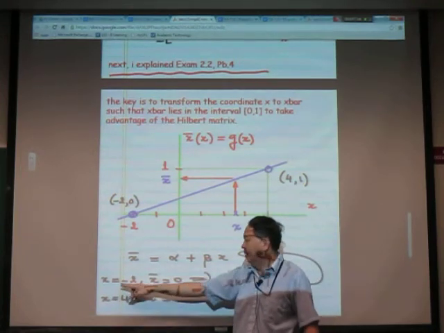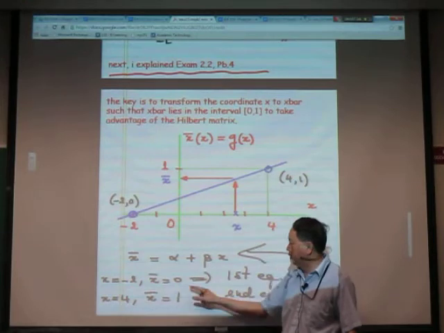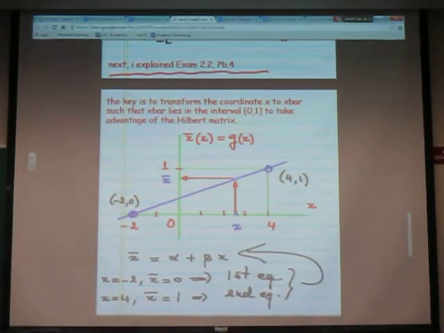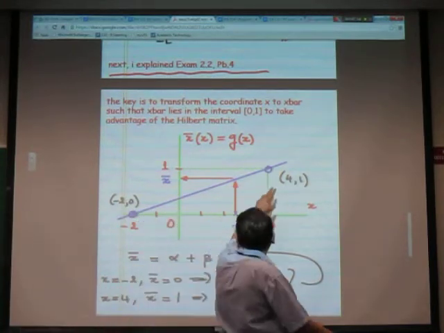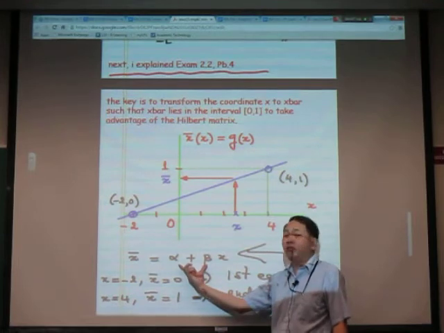When x is equal to -2, x bar is 0, so you have the first equation. And when x equals 4, x bar equals 1, you have the second equation. Two equations, so you can find the straight line, meaning you can solve for alpha and beta.